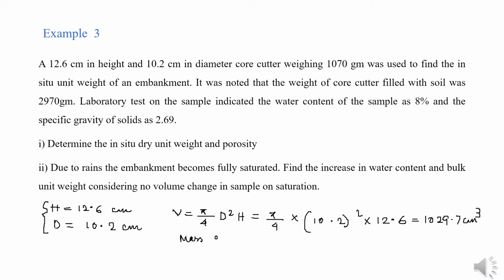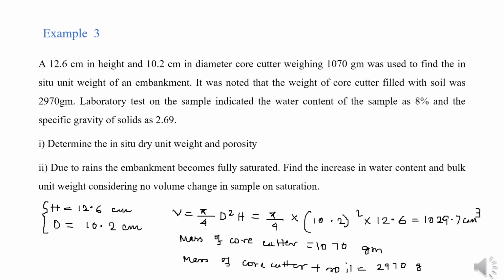Now the mass of the core cutter is 1070 gram, right? And the mass of core cutter plus soil is given, that is the core cutter filled with soil, it is 2970 gram. So what is my mass of soil?